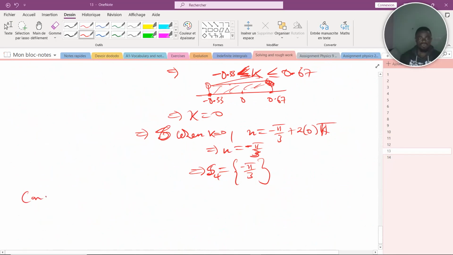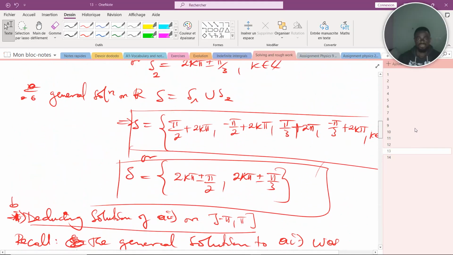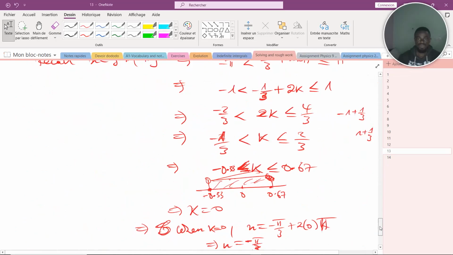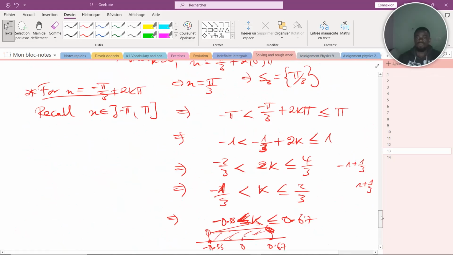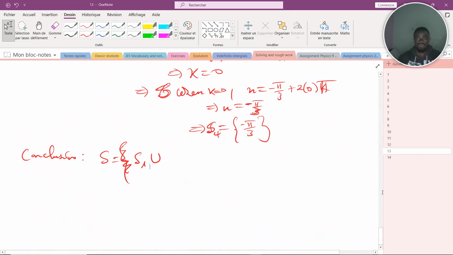Now, we can then conclude that the set of values of x that satisfy this equation on the interval minus pi, pi are simply given by S will be equals to S1 union S2 union S3 union S4, because remember that the general solutions are unions at the level of answers.